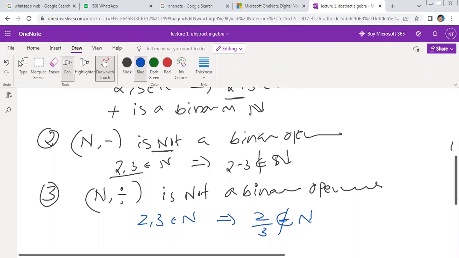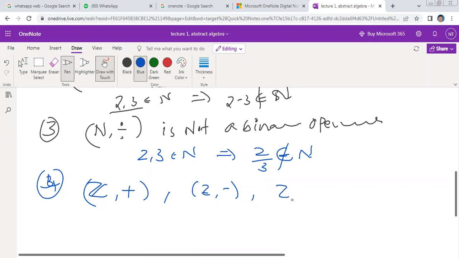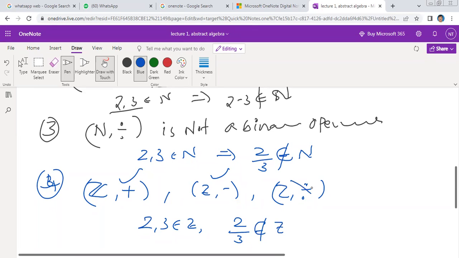Similarly, what about integers? Do integers satisfy the binary operations? Taking Z, Z plus is a binary operation. Z minus is a binary operation. Z division is a binary operation? No. This is correct because the sum of two integers is again an integer, and the difference of two integers is again an integer. But the division of two integers, suppose 2, 3 are integers, then 2 divided by 3 is not an integer, so division is not possible.